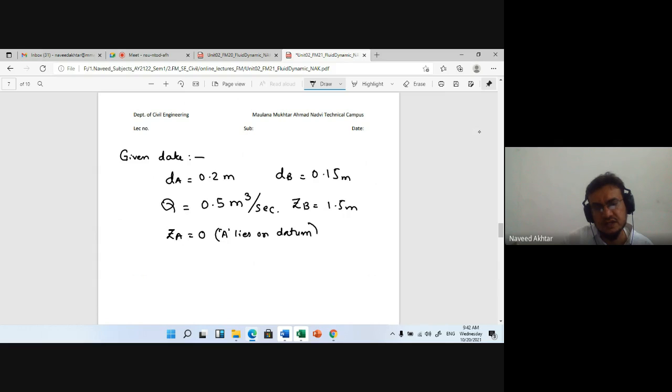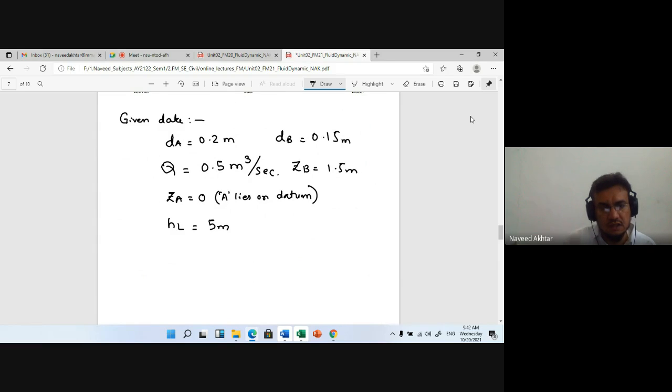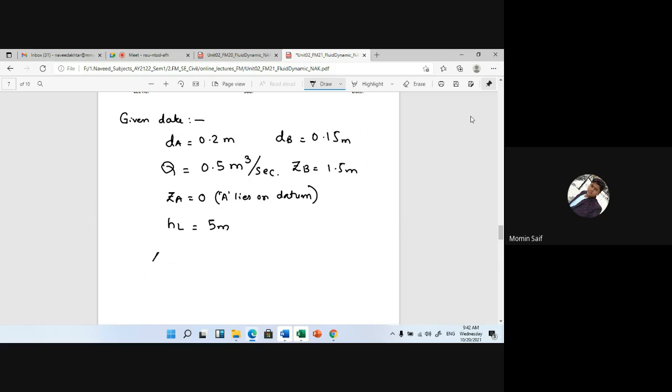That's why Z is 0. And the head loss HL is also given, that is 5 meter. Now we know the diameter, so we can find out the cross section area at A.